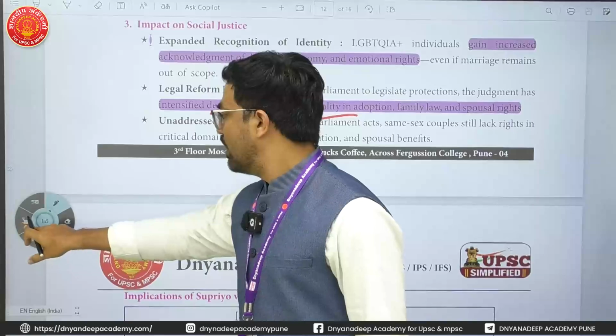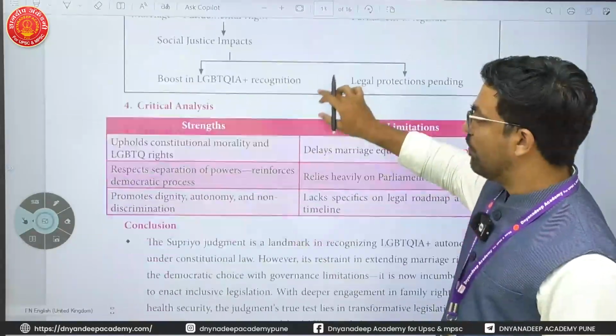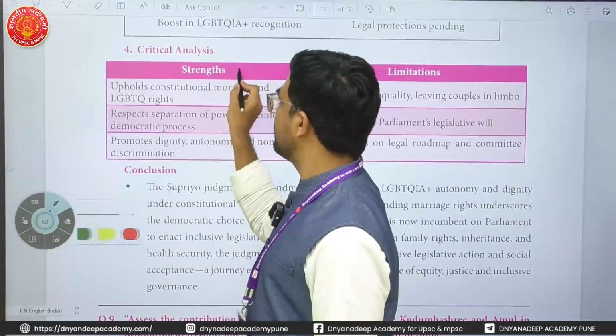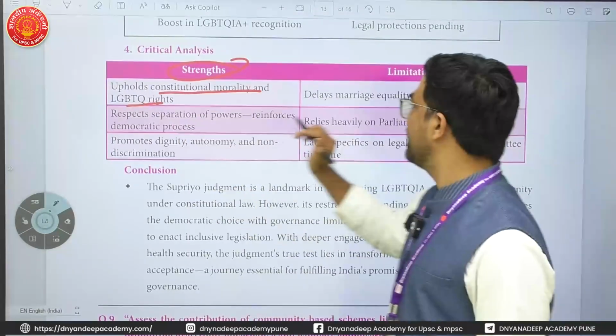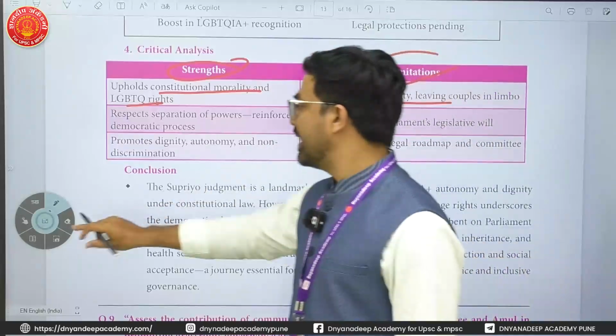Also, there is the issue of unaddressed welfare gaps. Now, to critically analyze, yes, these are the strengths of this judgment. It upholds constitutional morality for the LGBT community, but there are limitations also. It delays marriage equality.